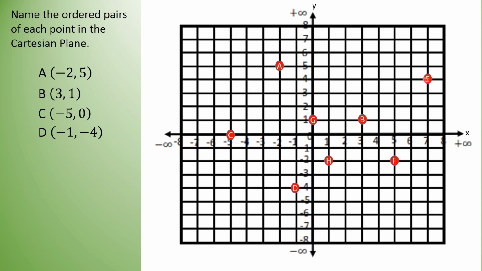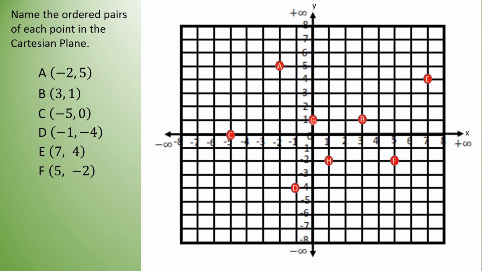And then on our y-axis, we have here +4. So point E is 7, 4. Next, point F. So point F, here, the value of x is 5 and the value of y is -2. So therefore, the ordered pair is 5, -2.